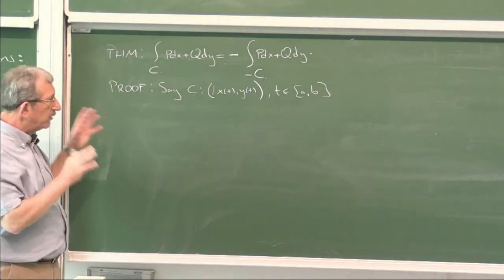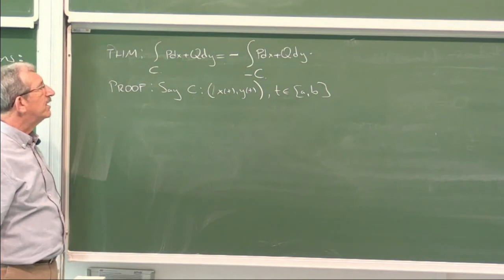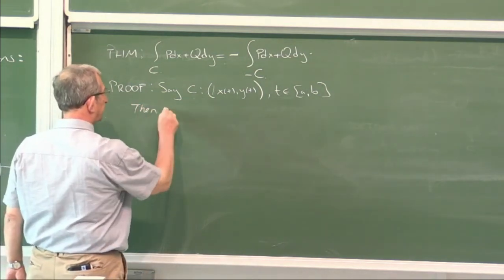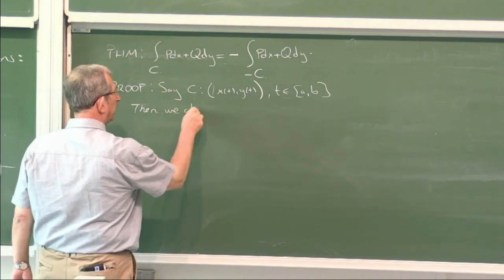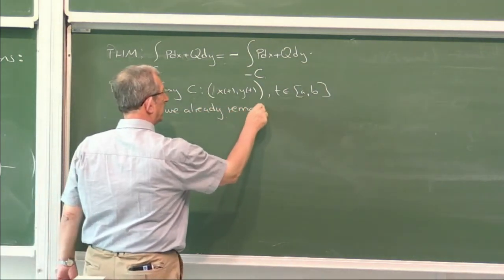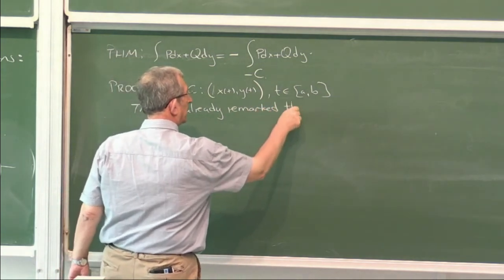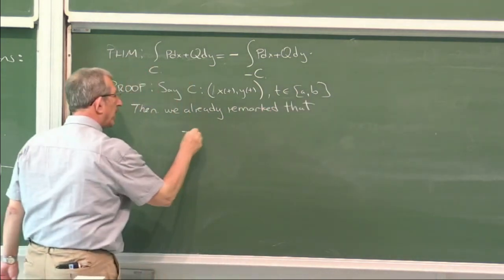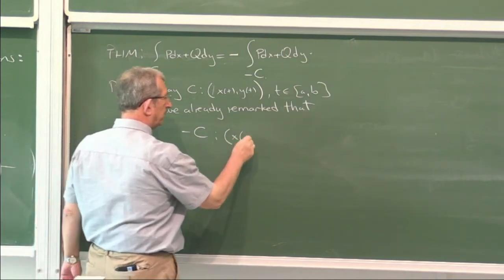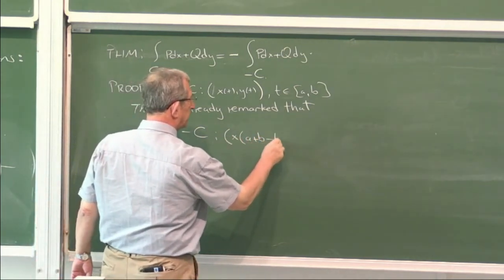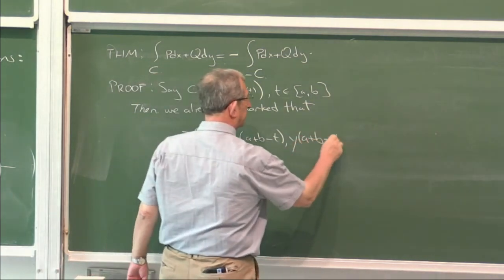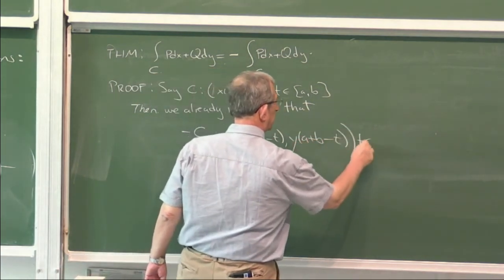We suppose a correct parametrization is given for C. Then we already remarked before that -C is given as x of A plus B minus t, y of A plus B minus t, t from A to B.